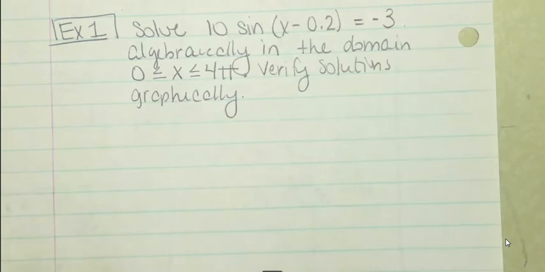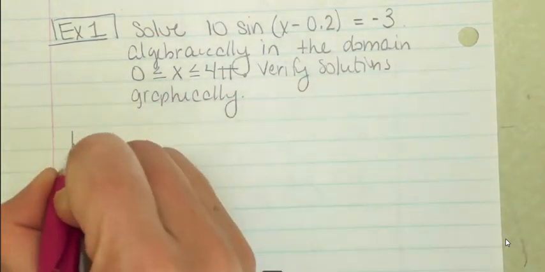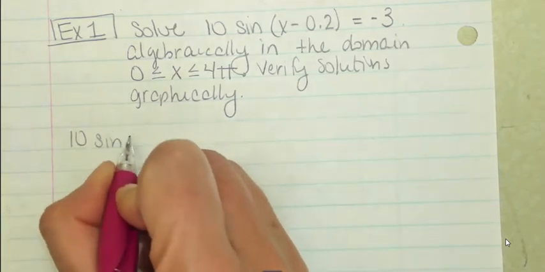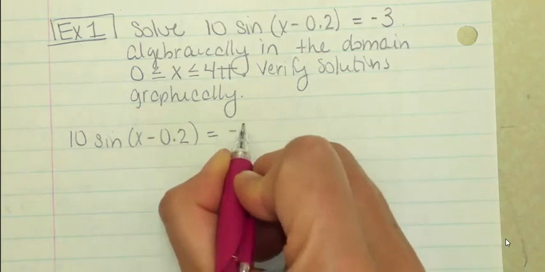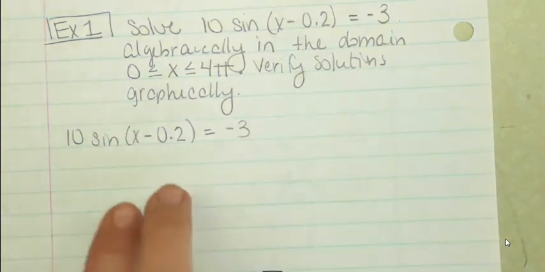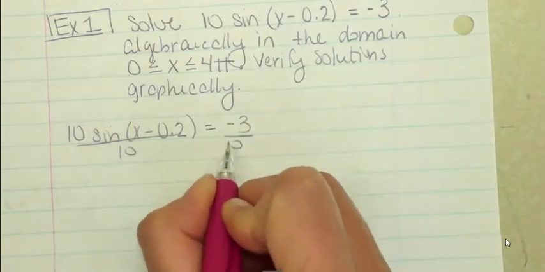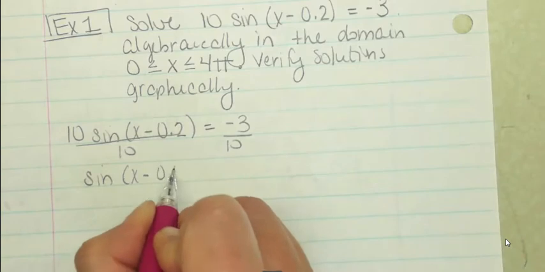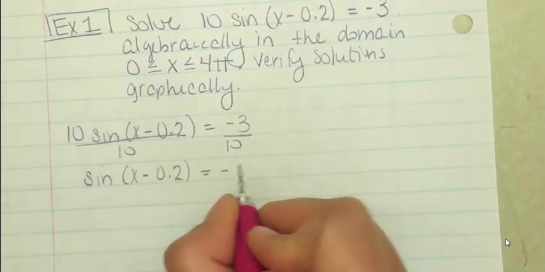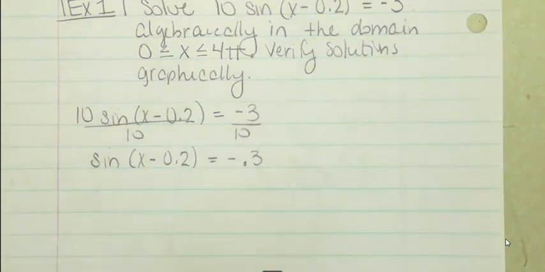Okay, so taking our original function that I was given, let's get sine all alone, so we're going to divide by 10. -3/10 is really -0.3, so I'll just use that.